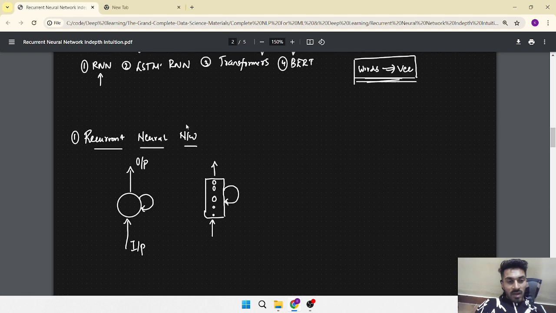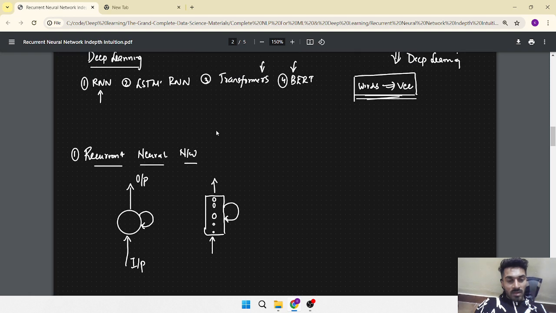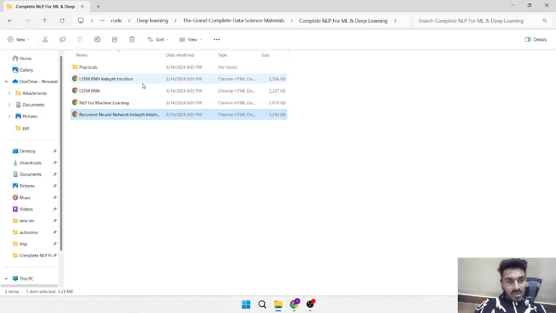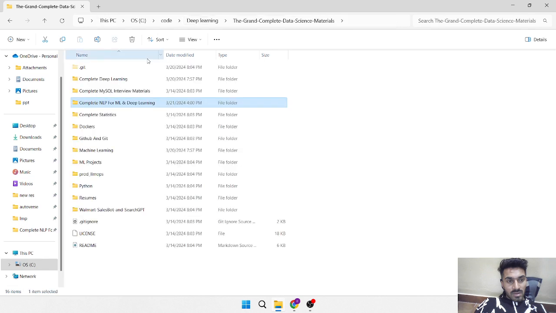Now see the architecture, how RNN will work. Gradient descent, there is something there, I am not getting that word. In deep learning, I have taught you.